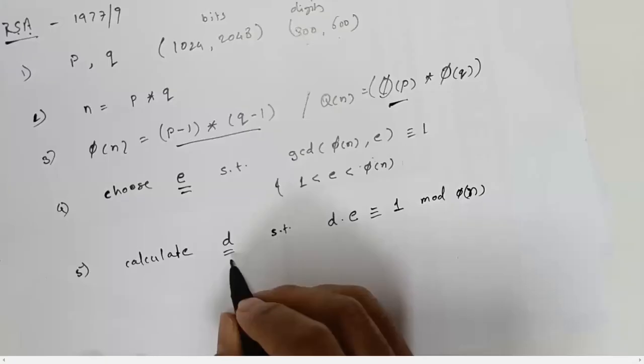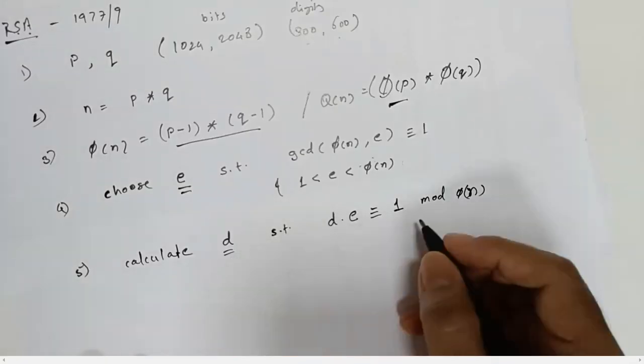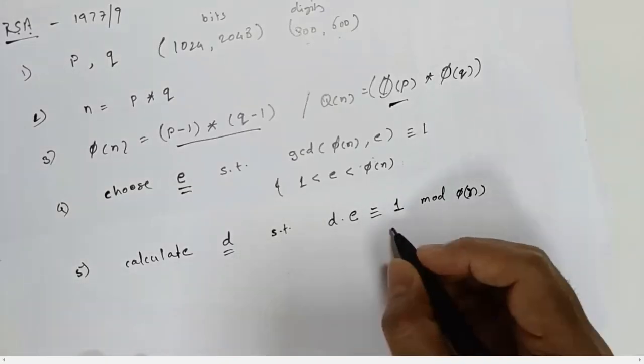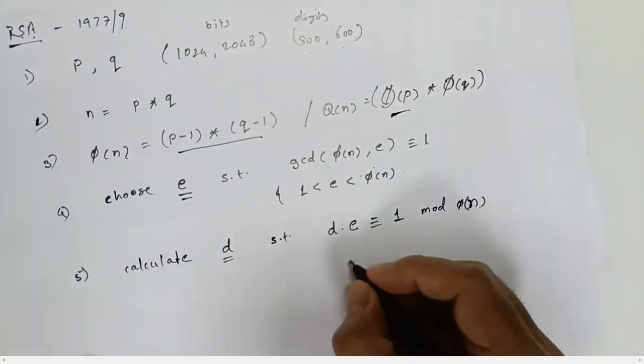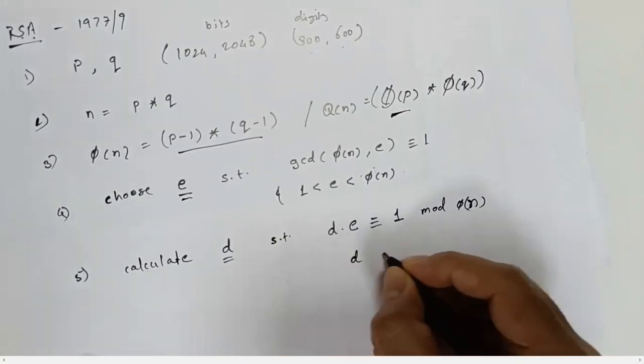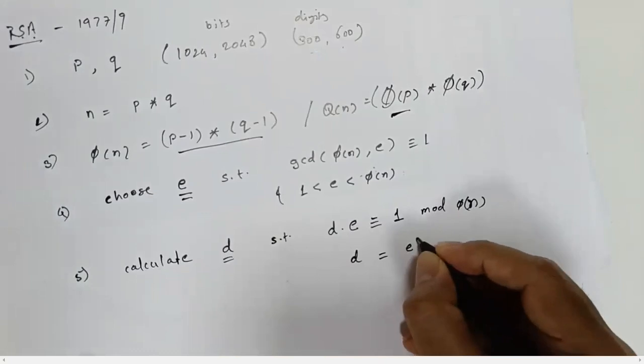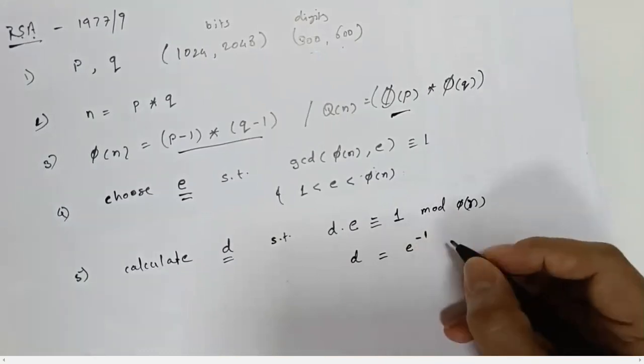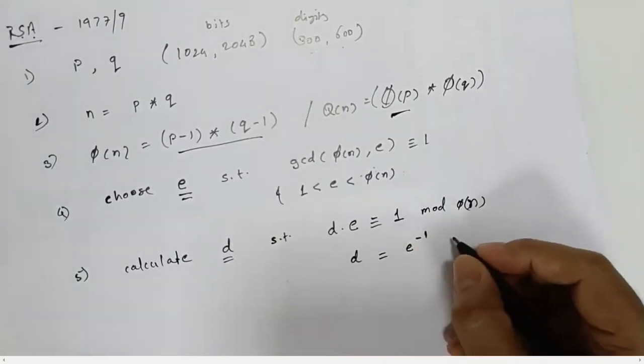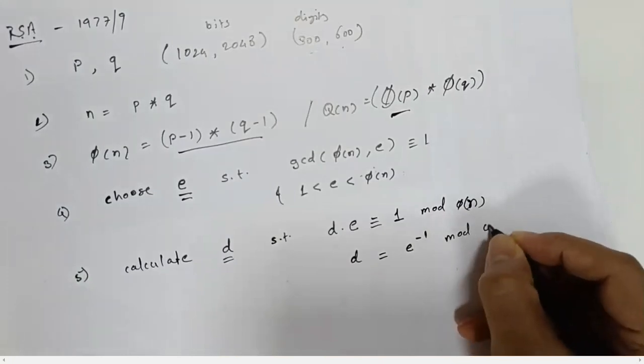Okay, so this is how you have to find out D. Or if you check the book, it will also give you that D is equal to E inverse mod phi of n.